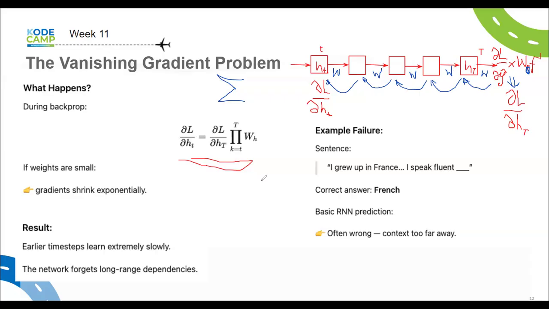And you can easily see then how you can have the gradient shrinking. Let's assume that each of these W is a small number, because typically weights are small numbers. If you have trained neural networks and you look at their weights, you find that they are small numbers, always typically less than 1.